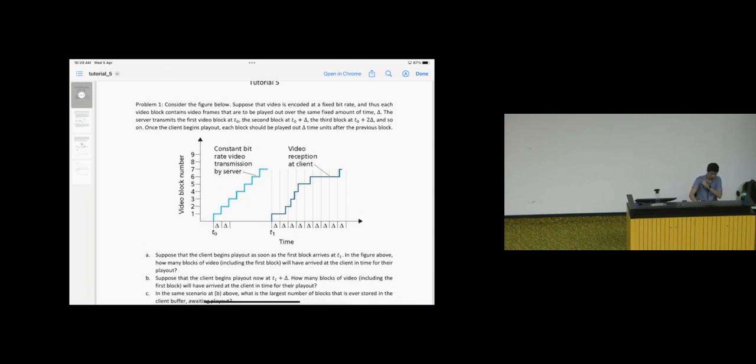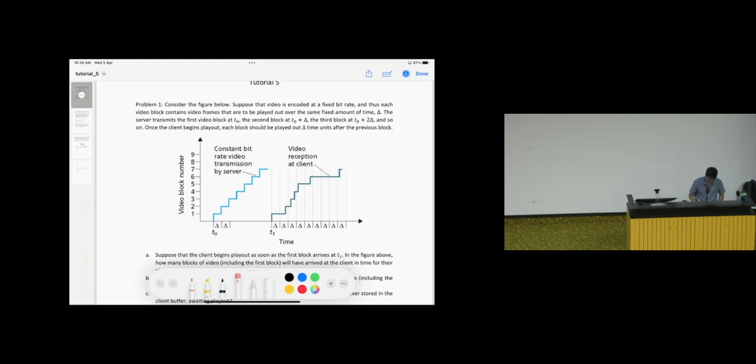Okay, so the first question is about video reception and playout delays in video. So video is encoded at a fixed bit rate, and it is also sent at a fixed bit rate, meaning it can be, for instance, UDP. We don't have prefetching of the video. We do not receive video frames faster than they are encoded.